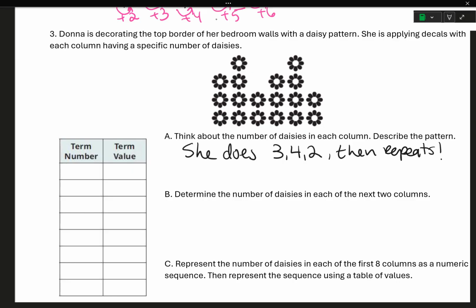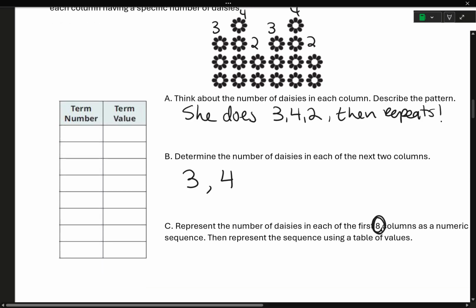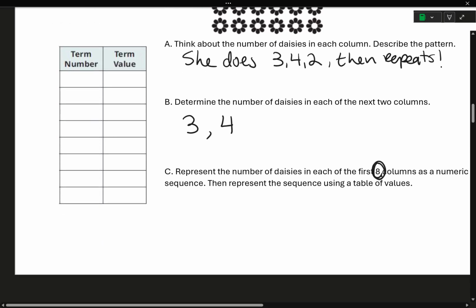Well, if the first one had 3, then 4, then 2, then 3, then 4, then 2, the next 2 should have a row of 3, then 4. We're going to represent the number of daisies in each of the first 8 columns as a numeric sequence, and then we'll put it into the table.